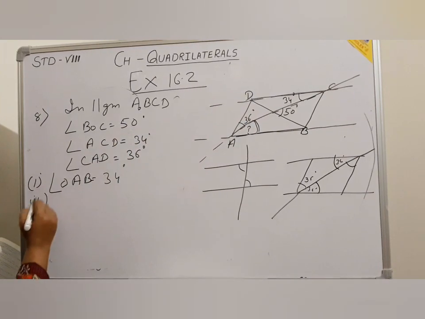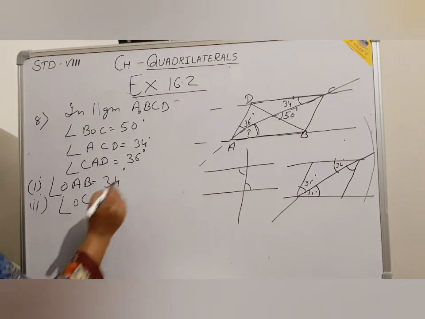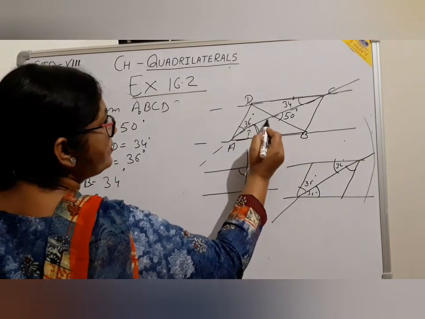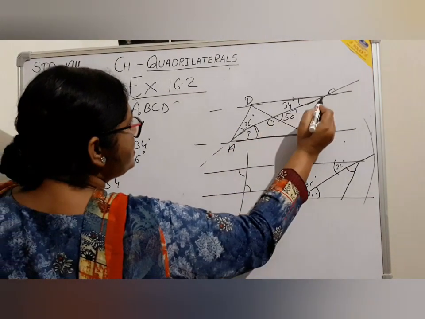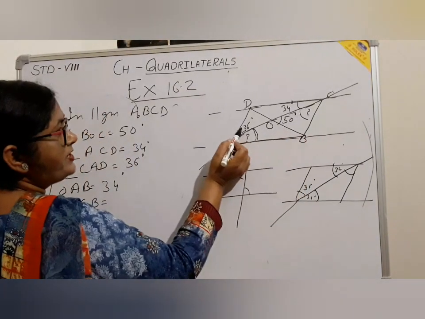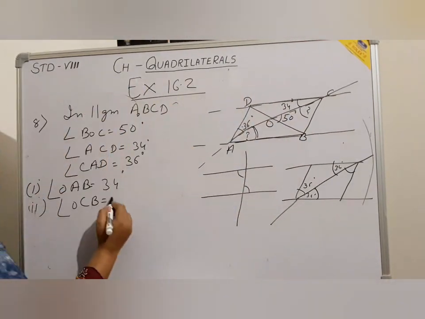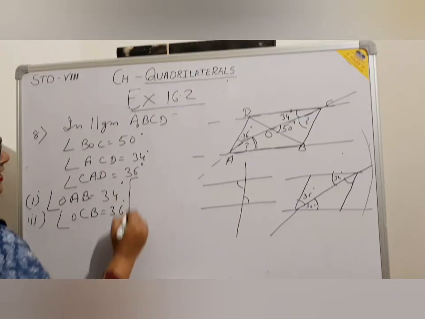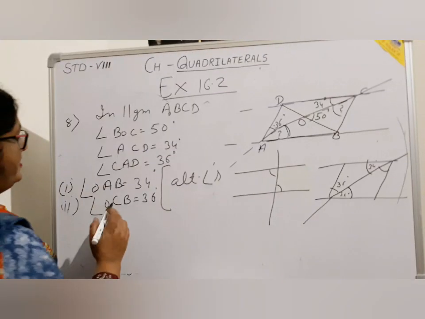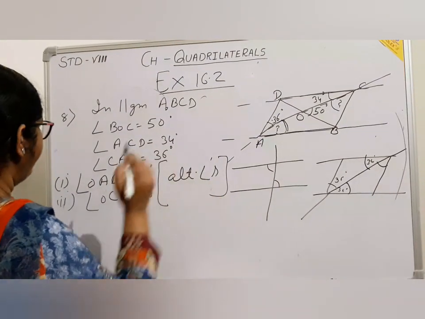In the second part you should find angle OCB, means this angle is equal to 36 degree because these are also alternate angles.